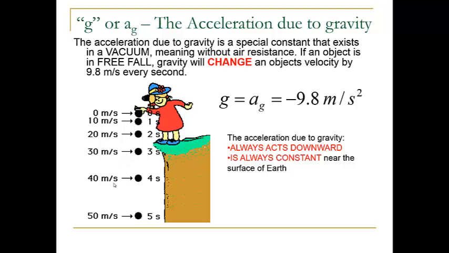And if you think about acceleration, it's your rate of change of velocity over time. So your velocity increases by 10 meters per second every second. 10 meters per second divided by 1 second gives you 10 meters per second squared, hence this gravity value.